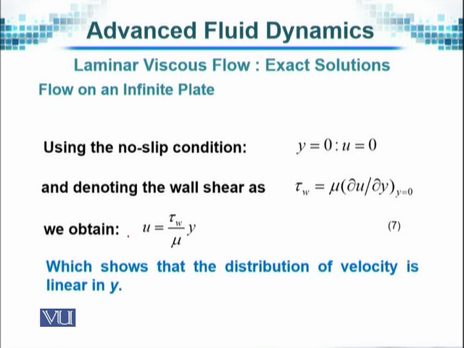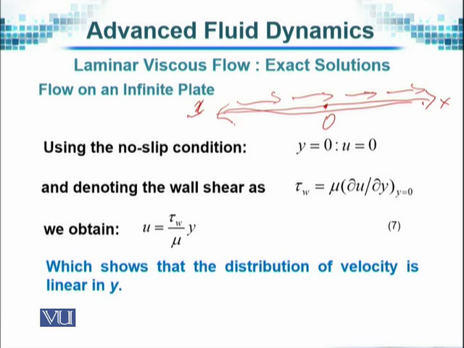So using the no slip condition, because at the boundary, if there is a fluid flow taking place close to this plate, and let's say there is the origin here, and this is x, this is minus x, so all the motion is taking place more or less in this direction.